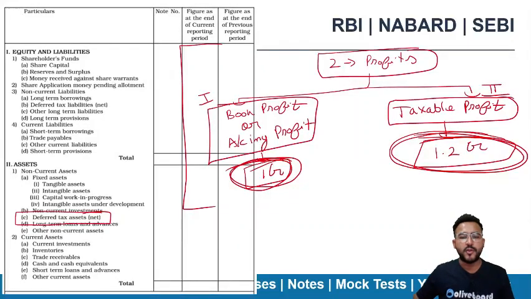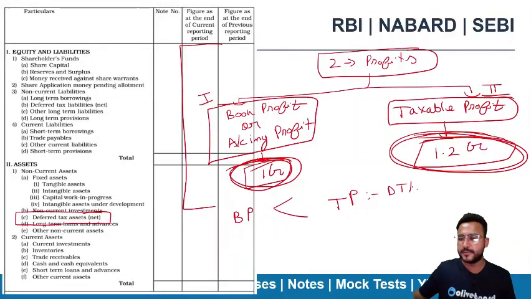Now, where to account for this difference? That's nothing but deferred tax asset and deferred tax liability. So, as a thumb rule, please remember, if your book profits are less than your taxable profits, then you need to create deferred tax asset.